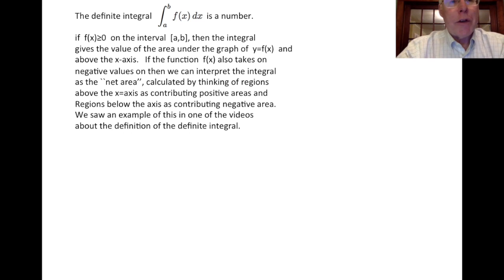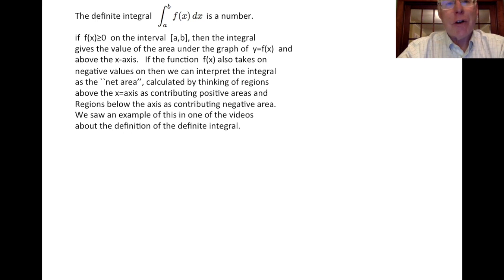So we recall that the definite integral from a to b f of x dx is just a number. It has many interpretations, depending on context. The one we're going to use most often is that if f is non-negative on an interval, then this integral gives us the area under the graph of y equals f of x and above the x-axis, over the interval from a to b.